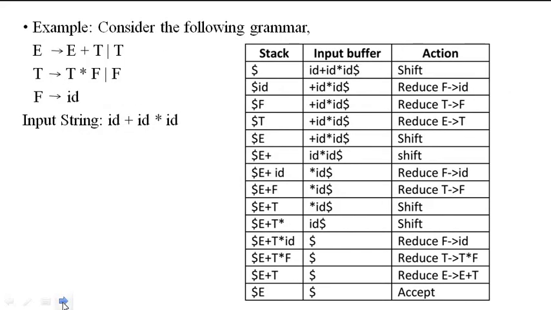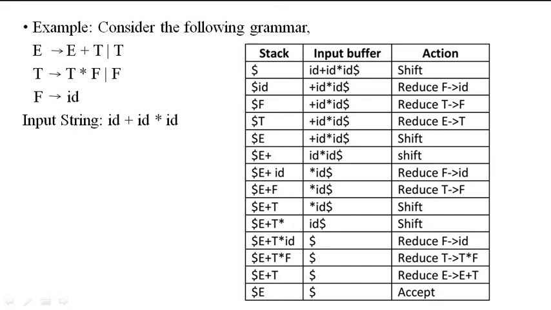For example, in shift reduce parsing, E gives E plus T or T, T gives T star F or F, F gives id, and your input string is id plus id into id.